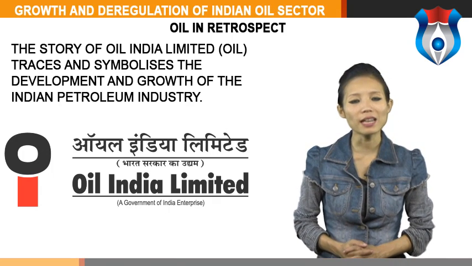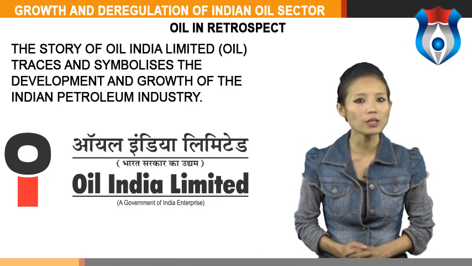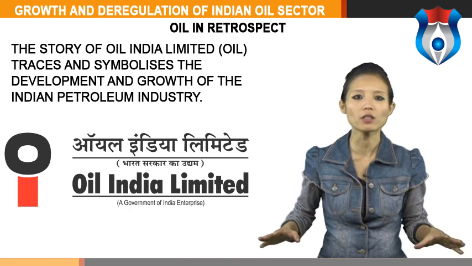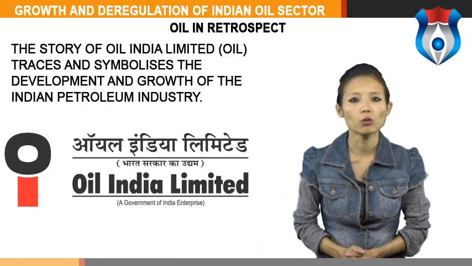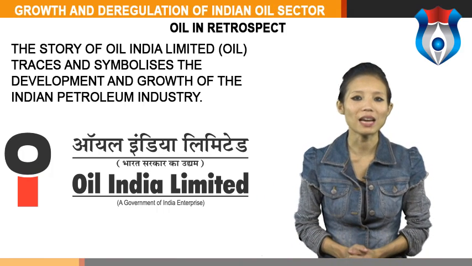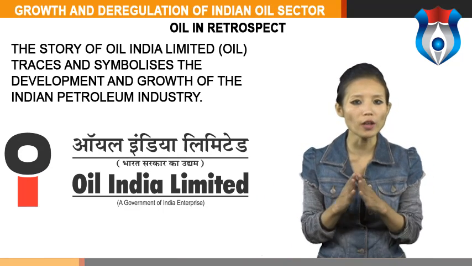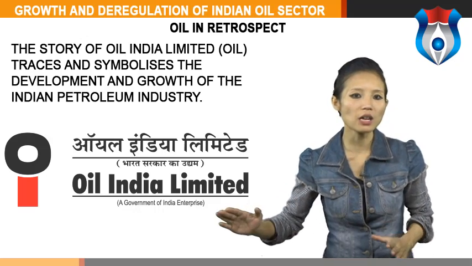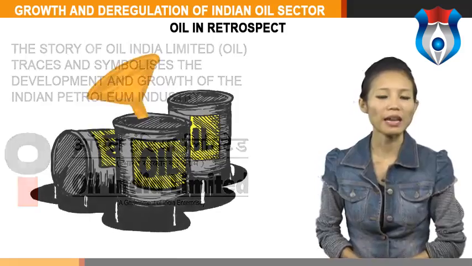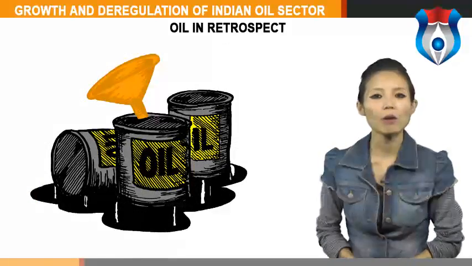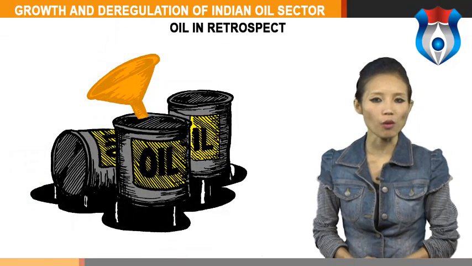On February 18, 1959, Oil India Private Limited was incorporated to expand and develop the newly discovered oil fields of Naharkatia and Moran in the Indian Northeast. In 1961, it became a joint venture company between the Indian government and Burmah Oil Company Limited, UK. In 1981, Oil became a wholly owned Government of India enterprise.